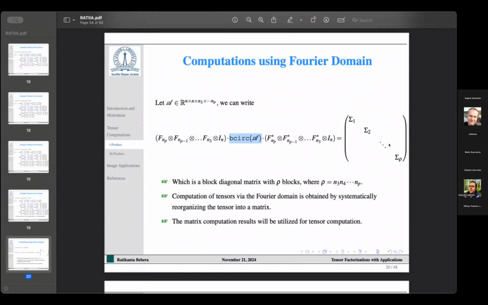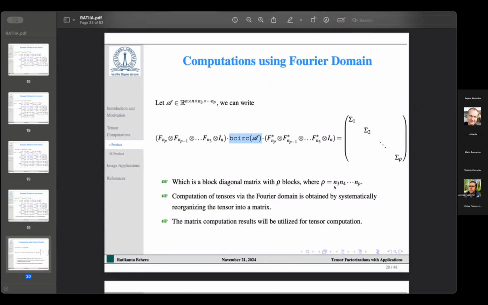So multiplication of two tensors is basically multiplication of two block diagonal matrices, whose block diagonal matrices have row blocks. How many blocks? Row blocks. And what is the size of a row? The row is n3, n4 up to n3. So computation of tensors via the Fourier domain is obtained by systematically reorganizing the tensor into a matrix.